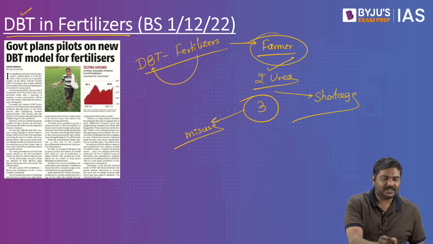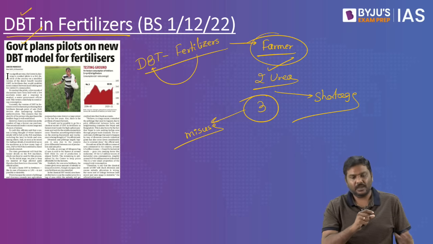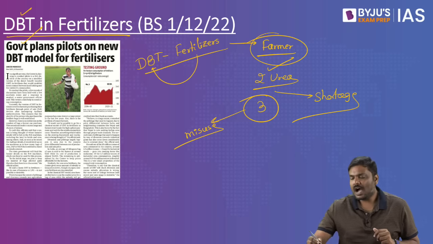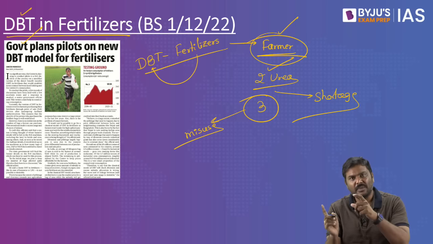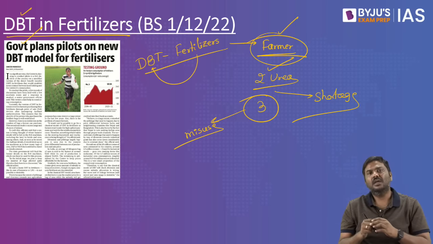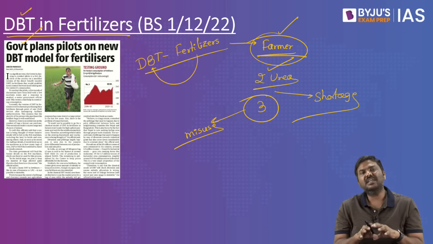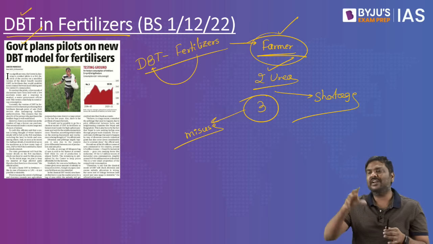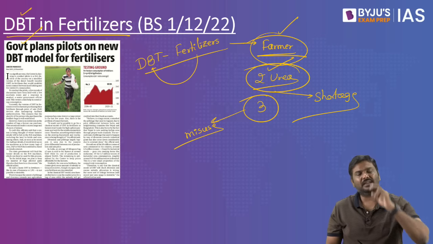Now, in order to address this, they want to implement another version within the DBT fertilizer. That is, they want to introduce a new system where the land upon which the farmer is cultivating, that data will be fed into the system and available in the system. Now imagine I am the farmer, I come to the fertilizer shop, I provide my Aadhaar credential, and the system says because the farmer is cultivating on a piece of land, the amount of urea that is required is only 2 bags.